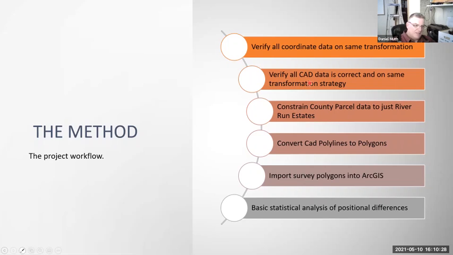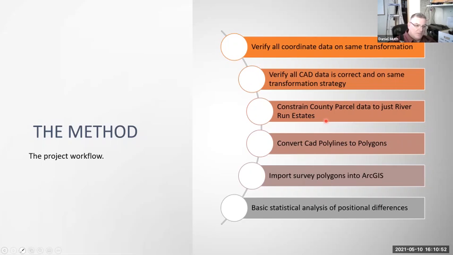Once I had accomplished that, I took the county parcel data layer and set up a project within ArcGIS. Then I went back to the CAD data and converted the lot polylines into polygons using a function within AutoCAD Map, or I'm sorry, Civil 3D Map.